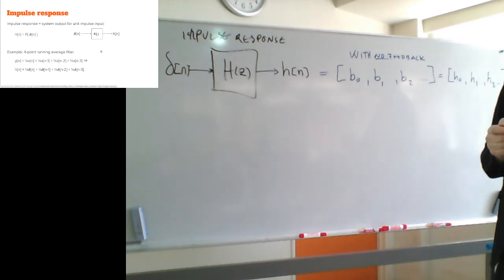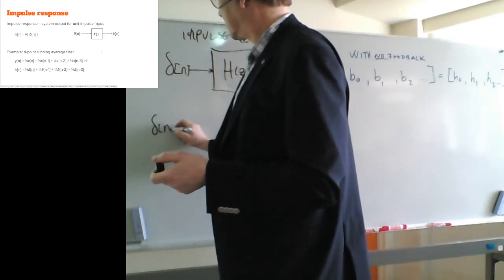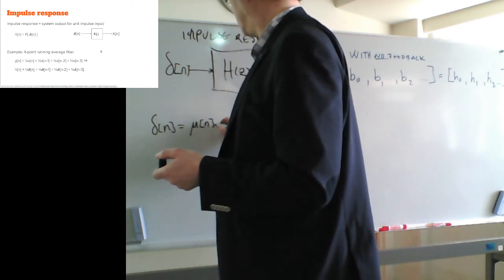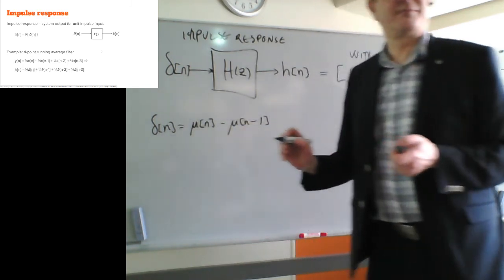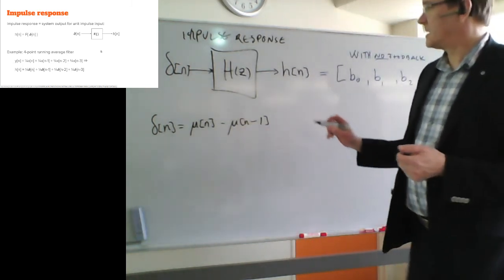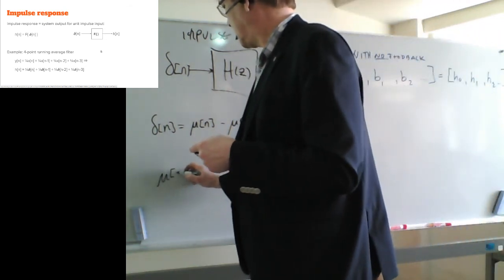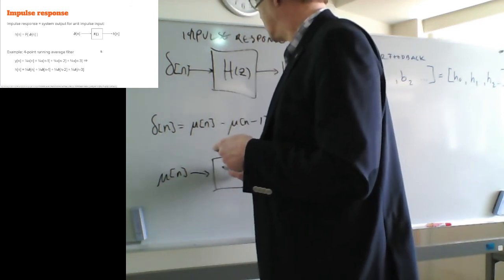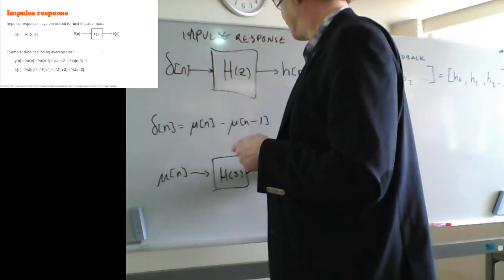So what can we do for measuring the analog systems in the digital domain? Well, remember, the delta function is also mu of n minus mu of n minus 1. So basically, if you run the mu and measure, let's mark it h of s, an analog system.